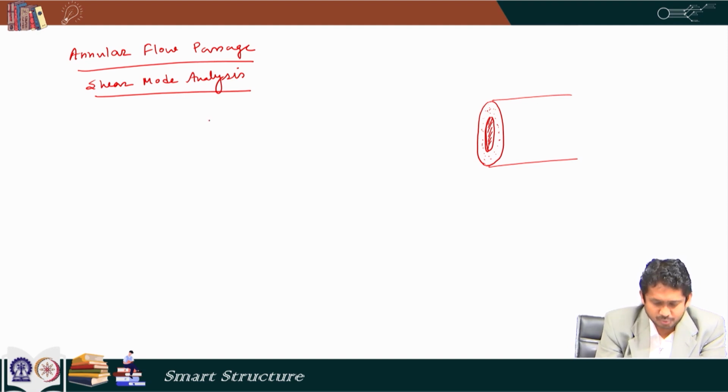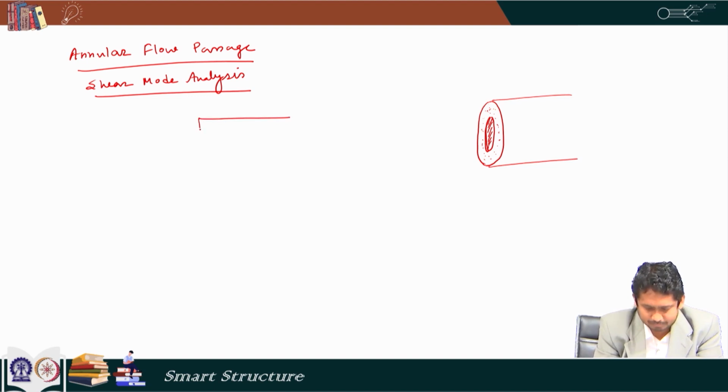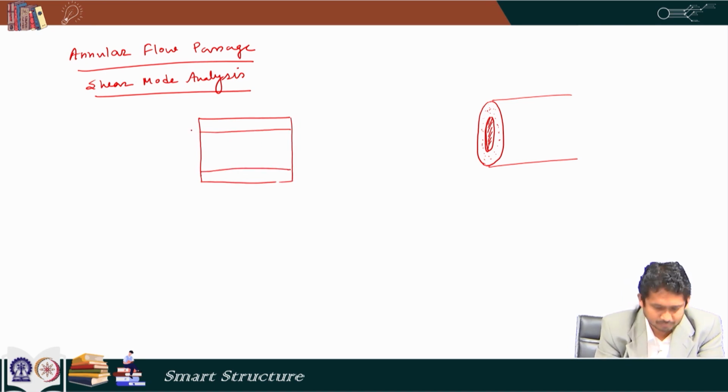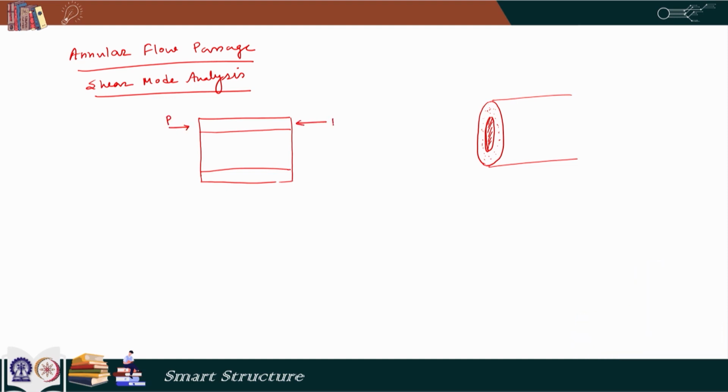Now to do this, again let us take a small fluid element. So we are taking a small fluid element here, which looks like this. And we have the pressure P, and pressure is increased to P plus del P by del x into dx.